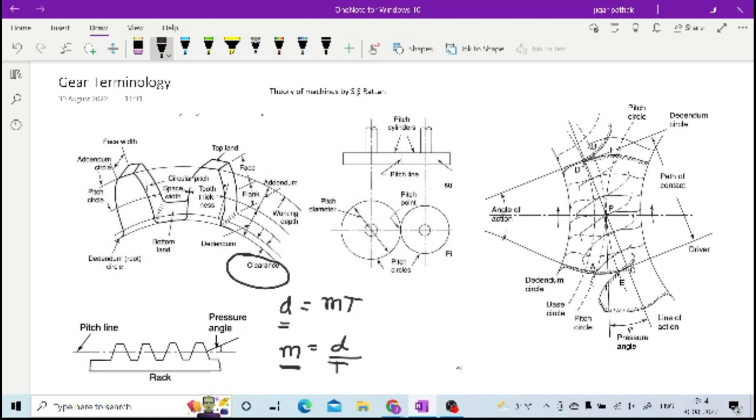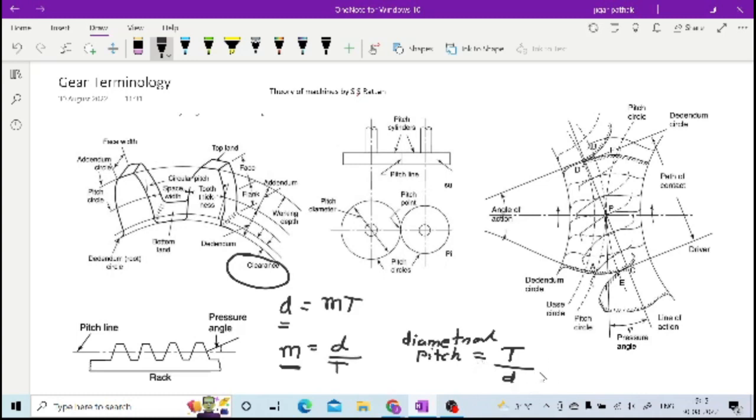This module has also come from diametral pitch. Diametral pitch is also an important terminology, where you have the number of teeth divided by the pitch circle diameter. So how many teeth are there in a particular length, that is provided by the diametral pitch.